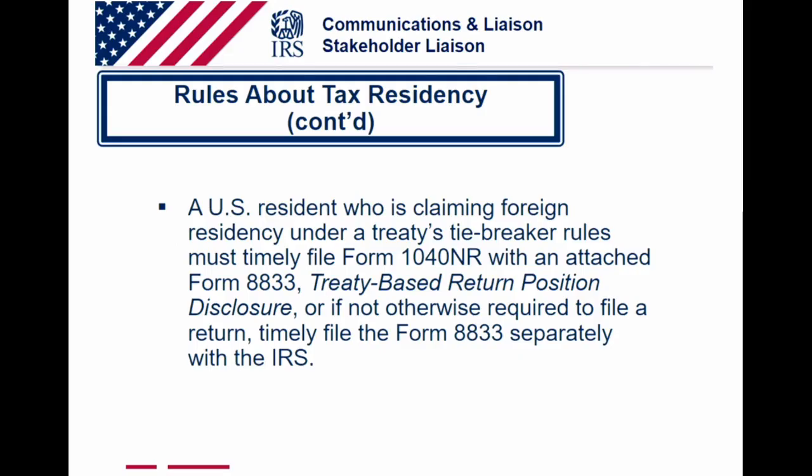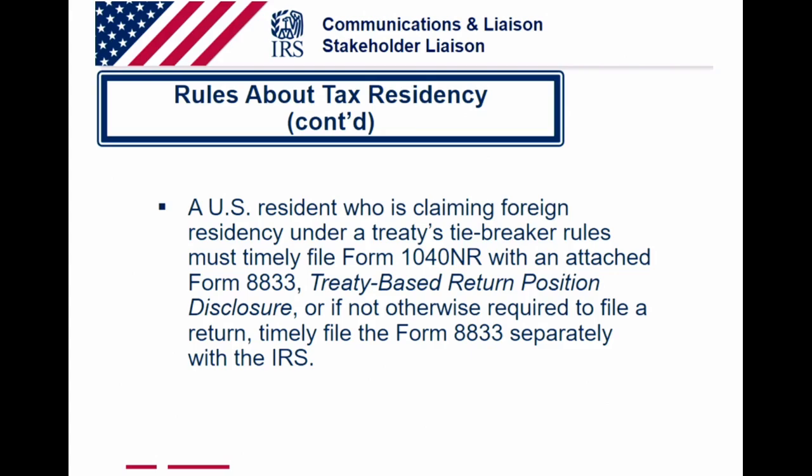Every treaty is different. I can't emphasize that enough. Each one is unique. I don't think any two are absolutely identical. So if your client wants to claim that they're a non-resident of the United States for U.S. tax purposes under the terms of an income tax treaty, you're going to want to carefully review the residence or residency article and any other applicable articles in the treaty to determine whether your client meets the treaty definition of a resident.